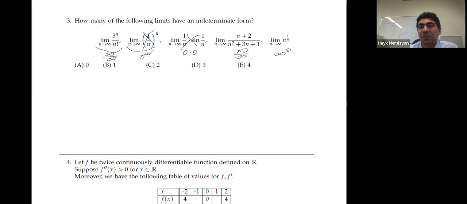Yeah, 0 to the power of infinity is 0, definitely. Hence, we get at the end only 3. The first one, infinity over infinity. Fourth one, infinity over infinity. And the last one, infinity to the power of 0. n to the power of 1 over n is an indeterminate form.